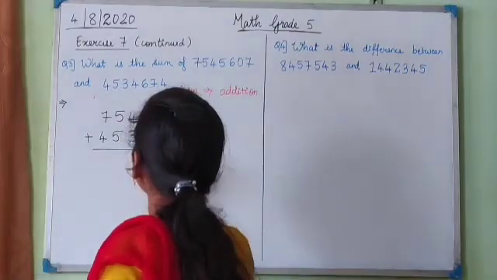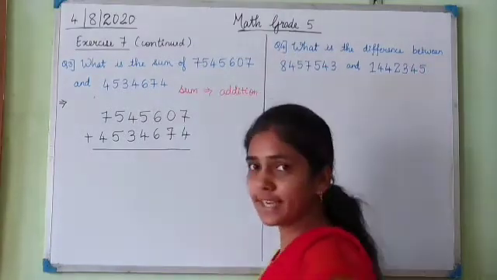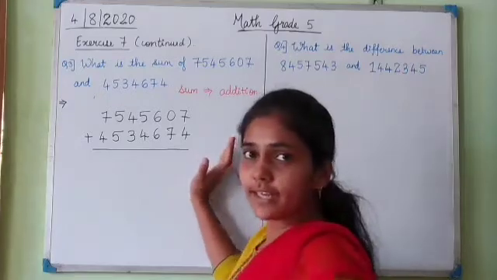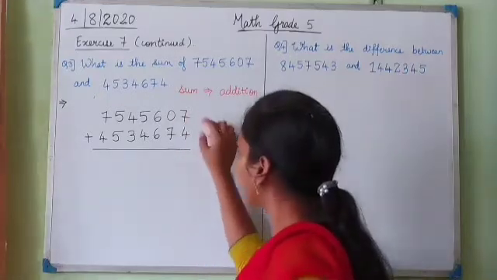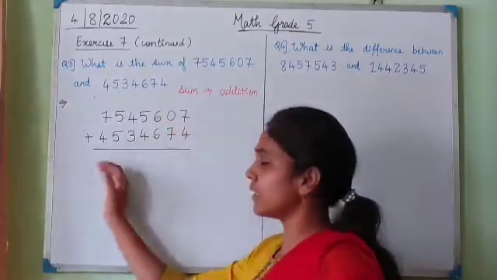I have to add them. So let's start from the right-hand side. We start from the right side, taking every number which is in the units place or tens place, and like that we go on adding towards the left.